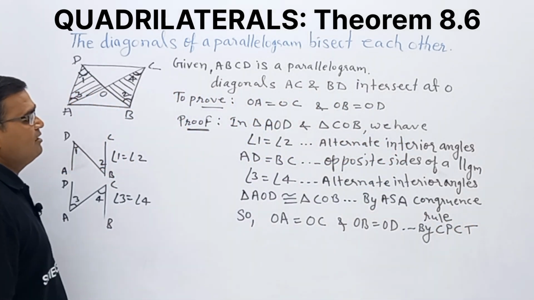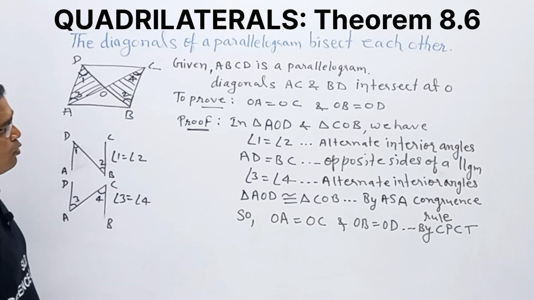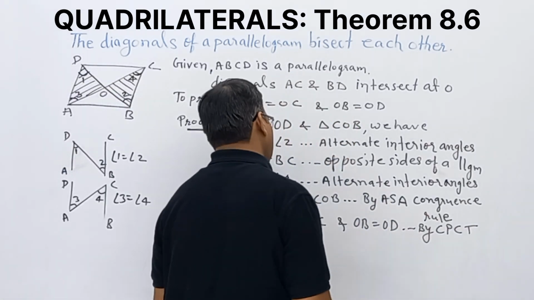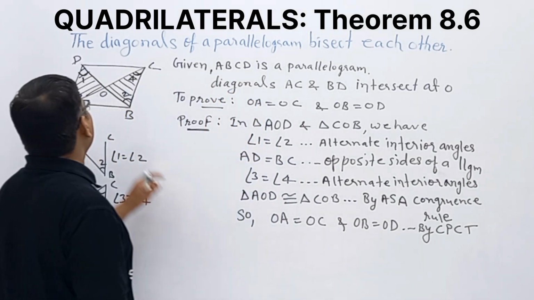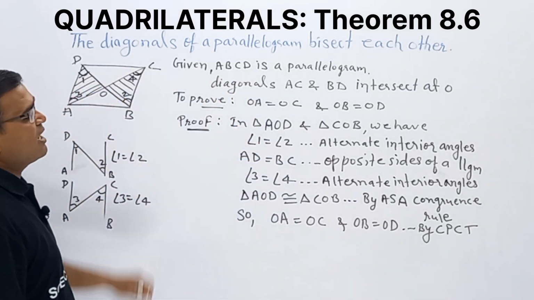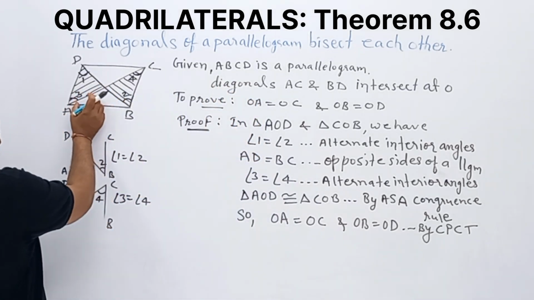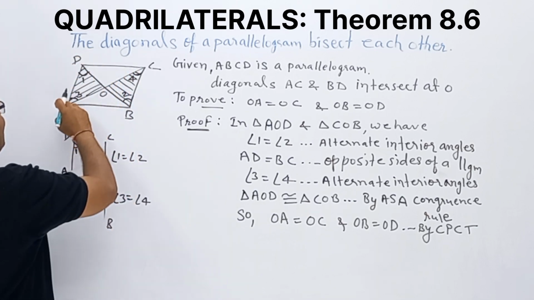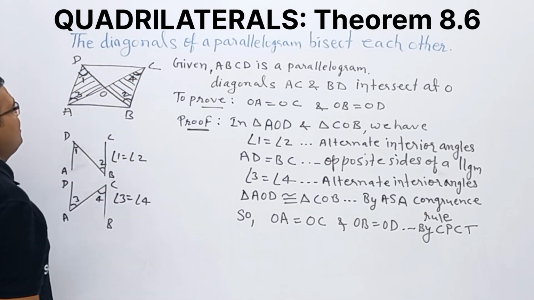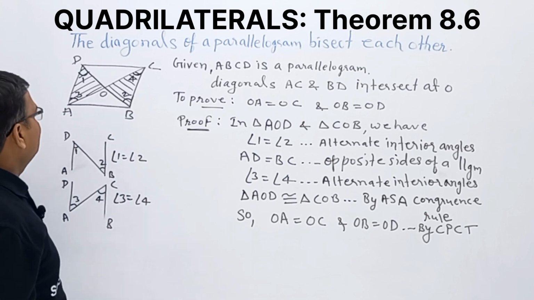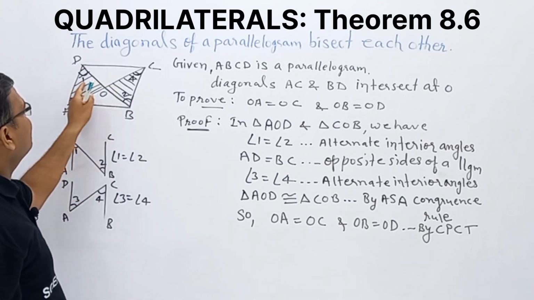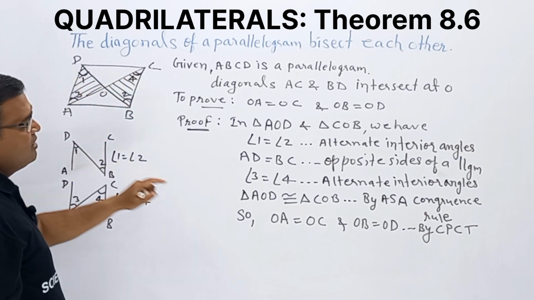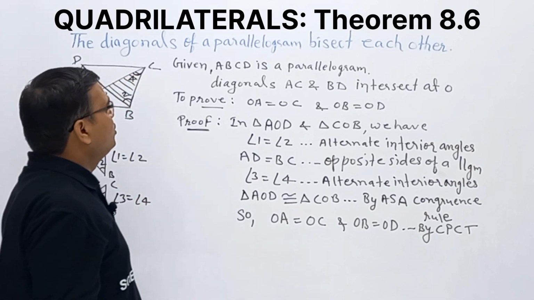Once we proved that two triangles are congruent, then by CPCT corresponding parts of these two triangles will be equal. So OA equals OC and OB equals OD, and AD equals BC. Already we discussed it. So OA equals OC and OB equals OD. This is what we wanted to prove. So we proved it.